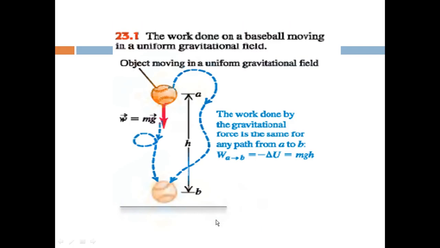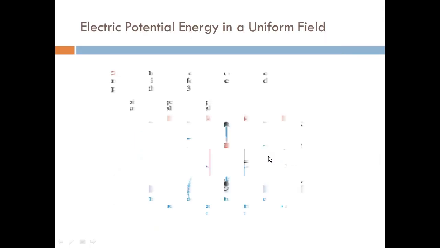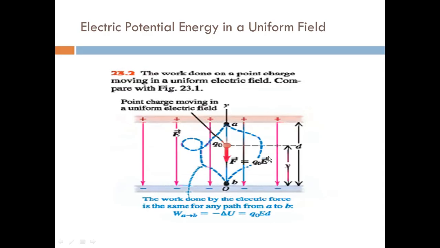So we have already established from the previous discussion that the work done in moving the object from point A to point B is equal to the negative change in potential energy due to gravity. Now, since instead of using the gravitational field, we make use of the electric field, the amount of work in moving the object from point A to point B is equal to the negative change in potential energy, but this time this potential energy is no longer gravitational, but it is electric potential energy.